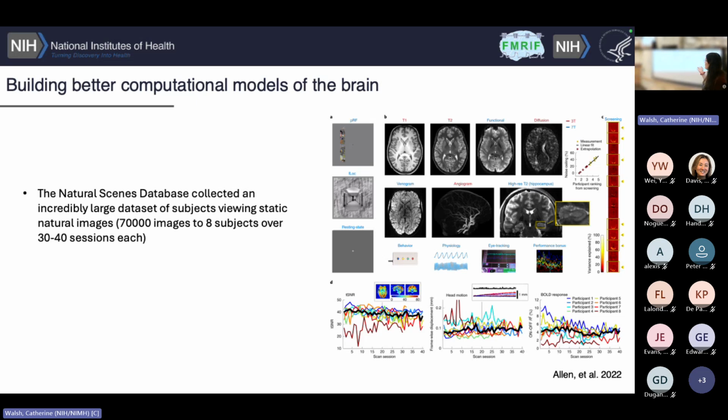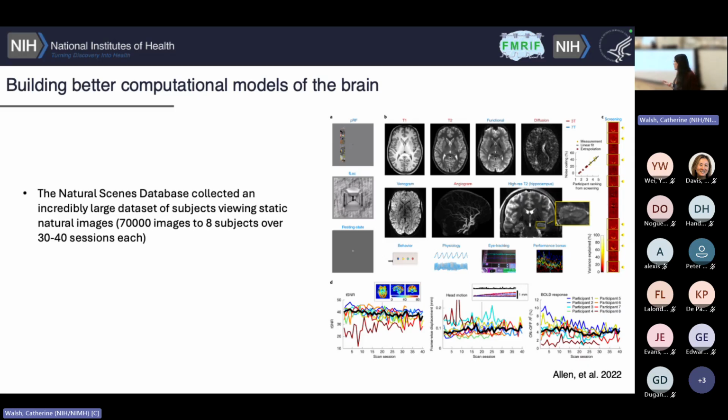So the natural scenes database, they just looked at natural images, again, kind of forever. This was over 40 scan sessions. 8 subjects looked at approximately 70,000 images. So it's one of the largest natural scenes databases to ever have existed in fMRI. Actually, it might be the largest one for this specifically.